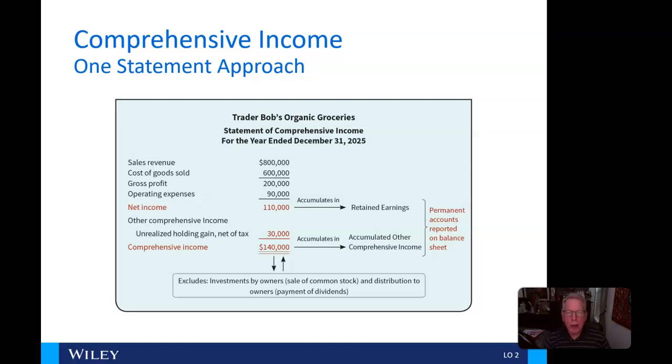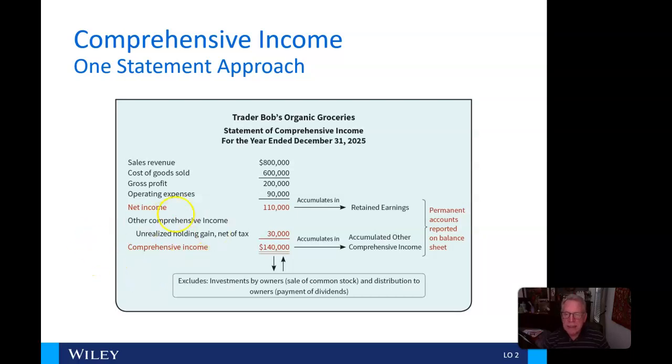Trader Bob's Organic Groceries. You can see it's got sales revenue, cost of goods sold, gross profit, operating expenses, and net income. Net income will eventually find its way to retained earnings during the closing process. Other comprehensive income includes unrealized holding gains, net of tax, of $30,000.